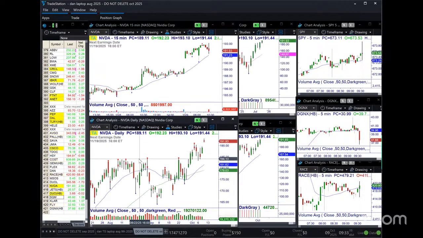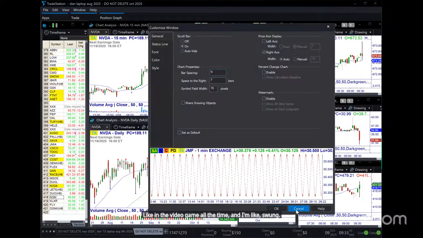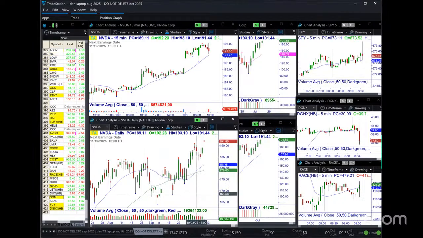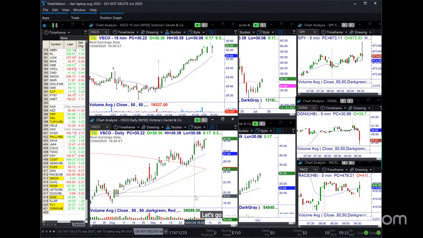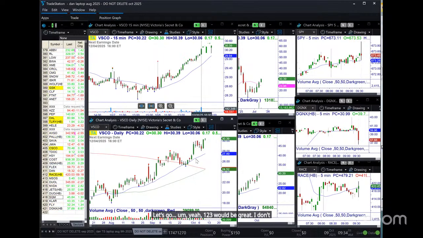I got Nvidia gapping to an all time high. I don't like Mobley. I don't like that at all. Cisco, yeah, 1, 2, 3 would be great. I don't like the entry here with an end of day rally.